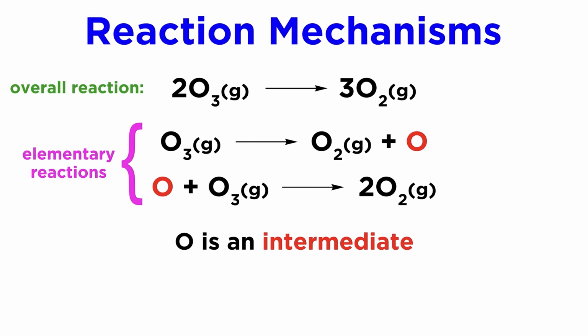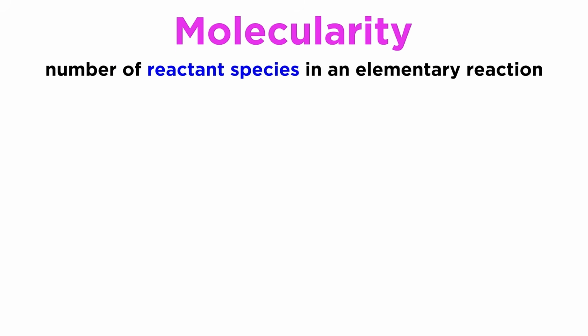That means monoatomic oxygen is an intermediate in this reaction. Let's introduce another concept. The number of reactant species involved in each elementary reaction is called the molecularity of the reaction. Let's examine the different degrees of molecularity that are possible.